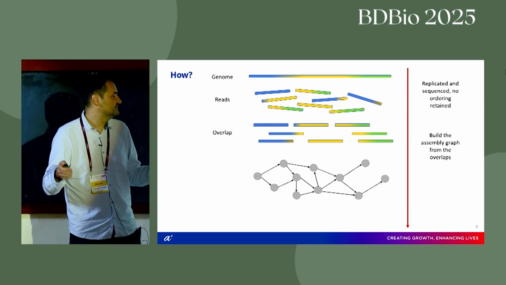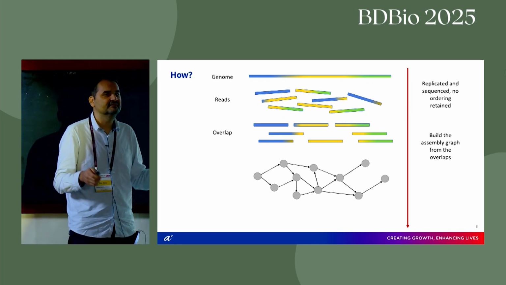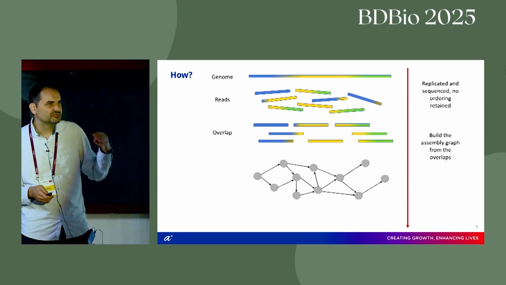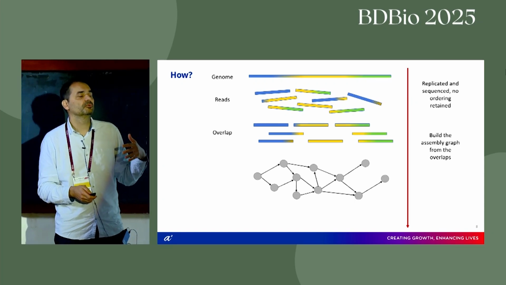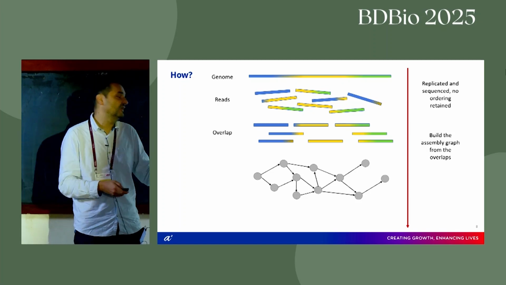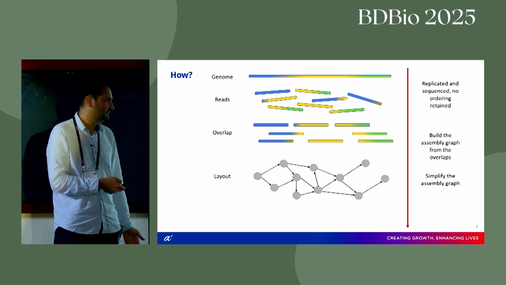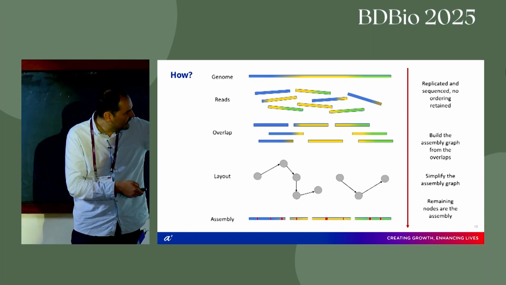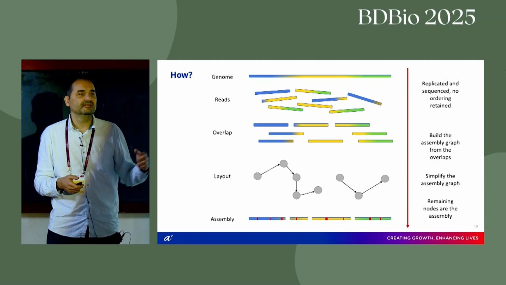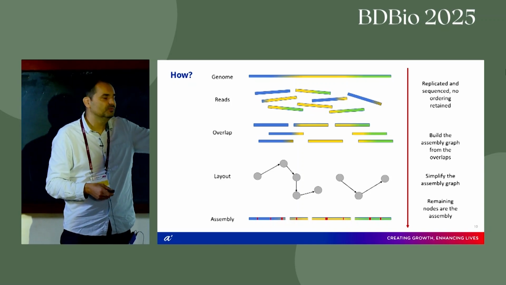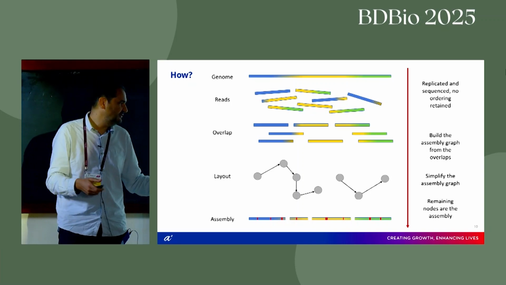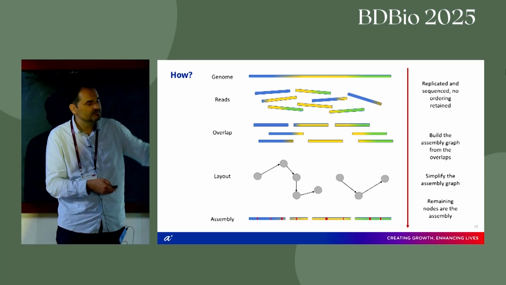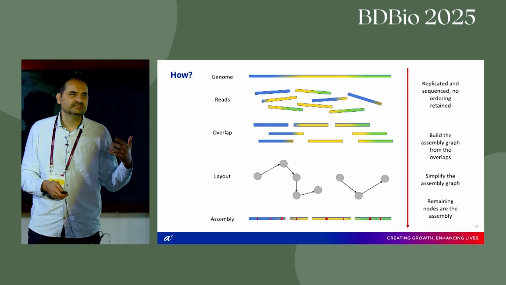Theoretically, it is a Hamiltonian path, and it is NP-hard. It's not possible, so we use another approach. We try to make our job easier, try to simplify this graph. And when we can do this, we try to find some unique paths, and these paths we call our assembly. Very often, it is fragmented because there are some regions that we cannot reconstruct.